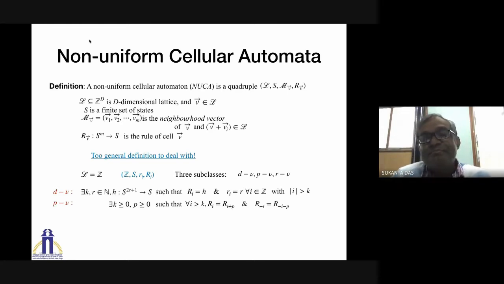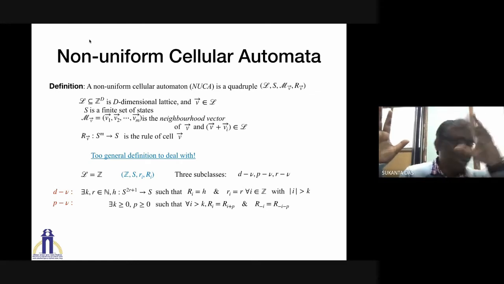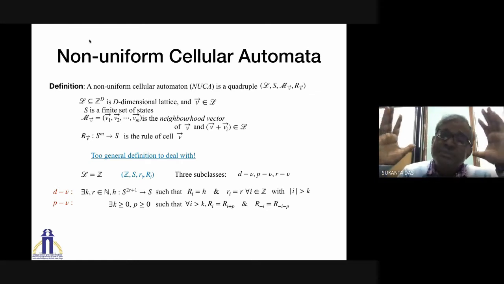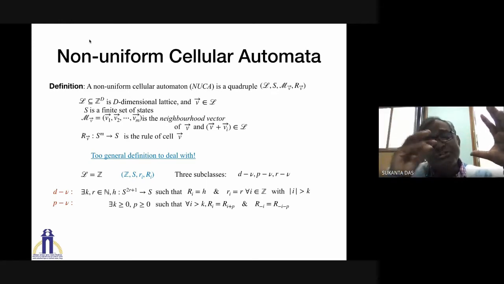Like before, in the middle, a finite number of places, the cells can use arbitrary rules of their choice, but on the left hand side and right hand side, the same set of rules is applied. Here, an important thing is Ri equal to Ri plus p is written, right? So what is the meaning?